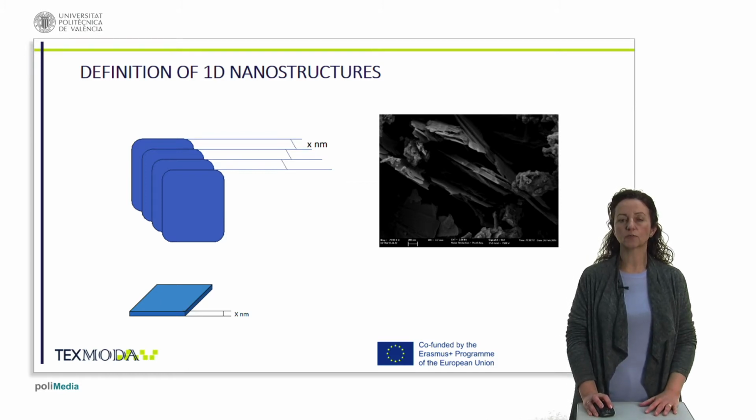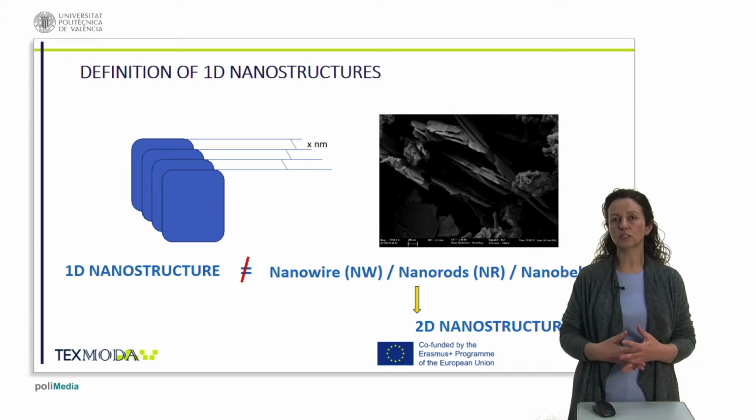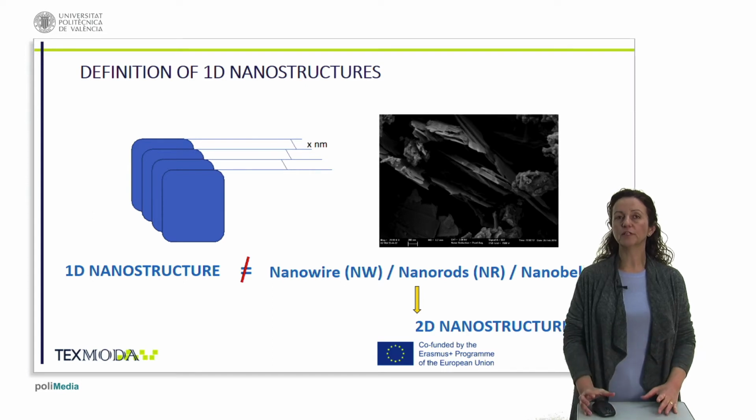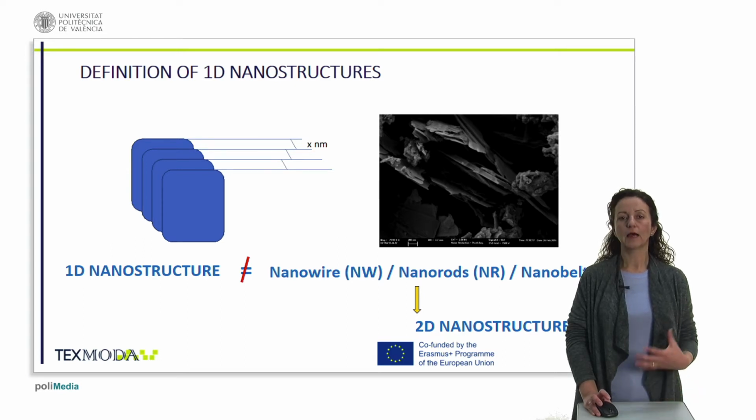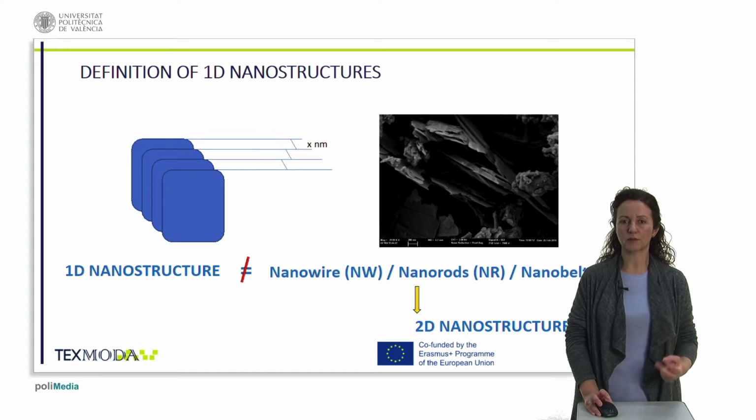However, we are going to find different possibilities depending on the references or the literature. Depending on the author, they can consider, for example, nanowires, nanorods, or nanobelts as 1-dimension nanostructures. But this is not true, because what is nanometric is not 1 dimension, it is 2 dimensions.